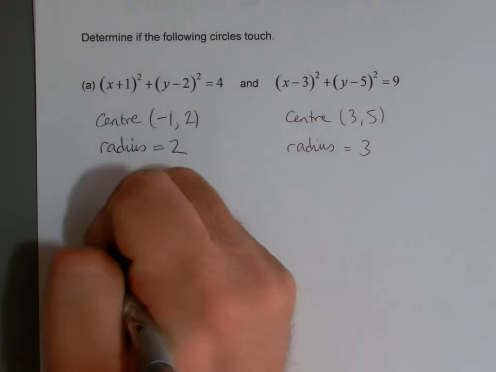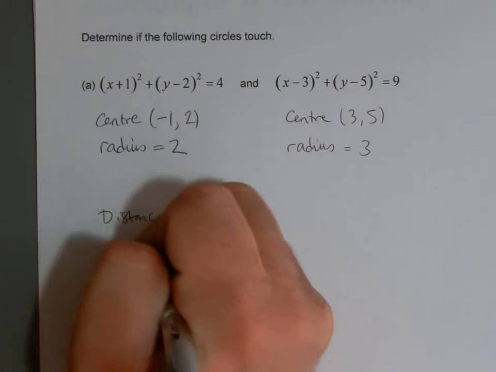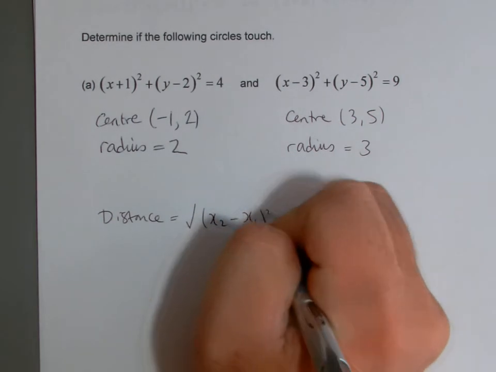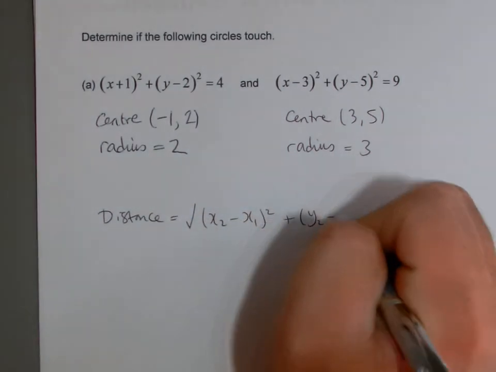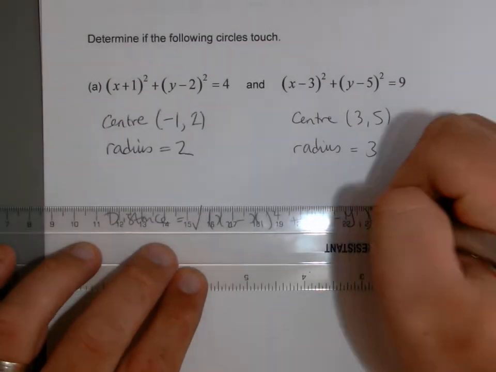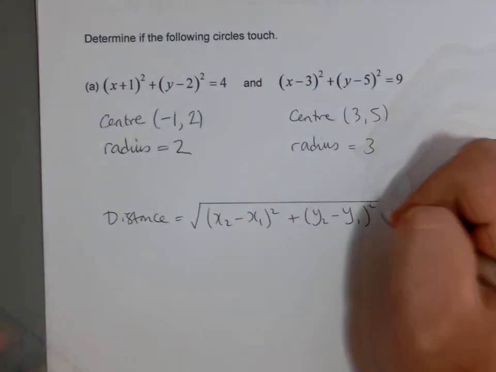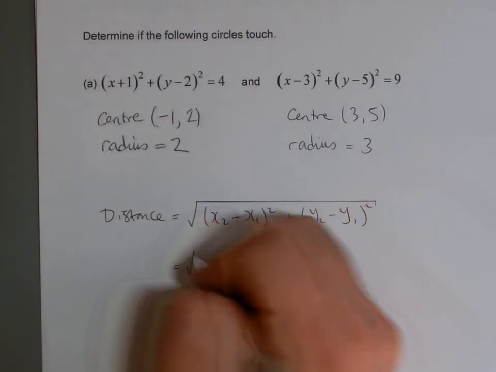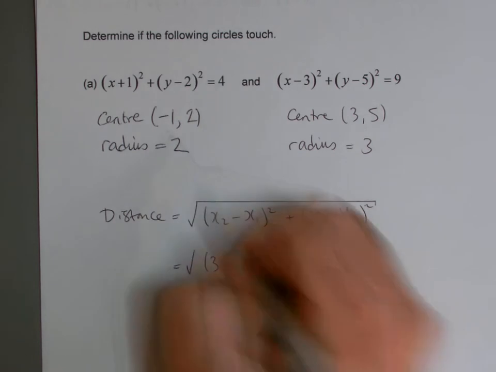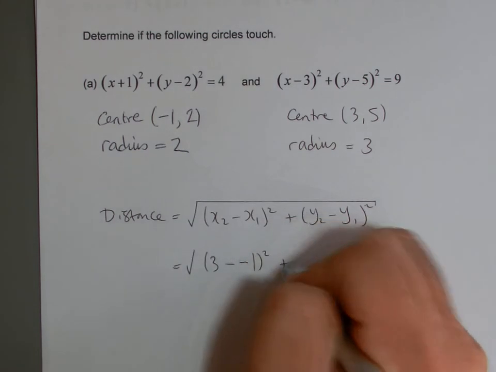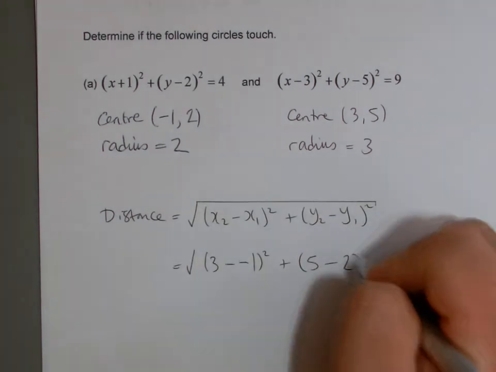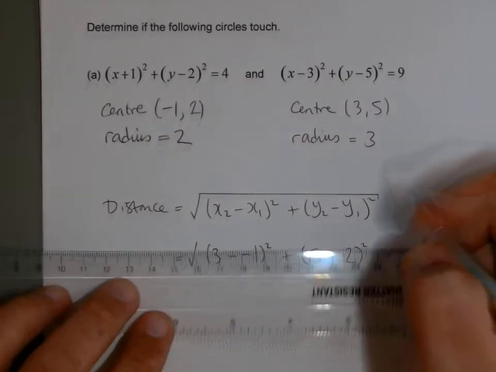Remember, using that distance formula, we'd have 3 take away -1 there, all squared, and then 5 take away the 2 there, all squared.